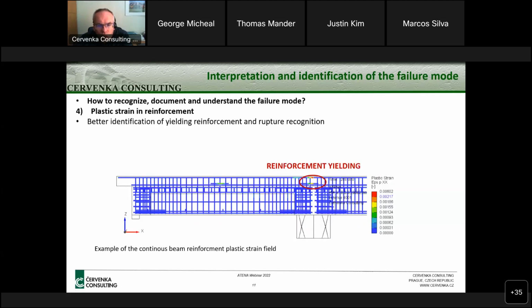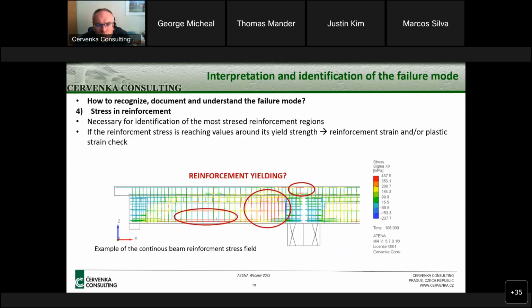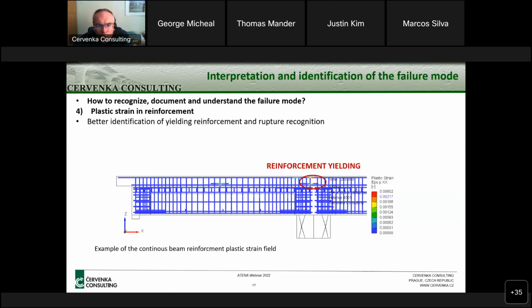If we want to really check whether there is yielding, it is better than looking at the stresses, which might sometimes be difficult to judge from the colors. The best way is to look at the plastic strain. Plastic strain XX, because reinforcement is always one-dimensional, unidirectional behavior, so only the XX component is important.